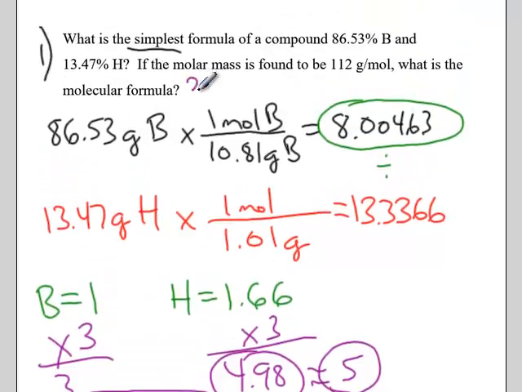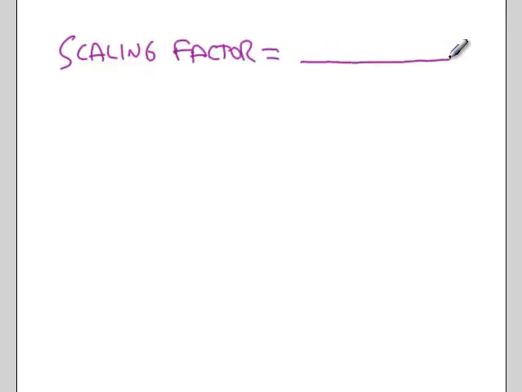Part 2, we want to find the molecular formula. So here's where we have to do the scaling factor. Scaling factor is a ratio of the molar mass of the actual, the molecular formula, divided by the molar mass of the empirical, the simplest formula.